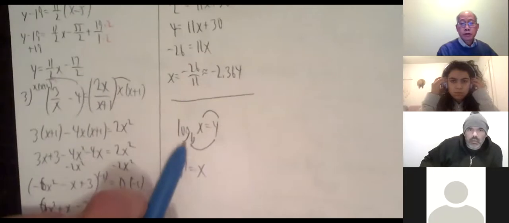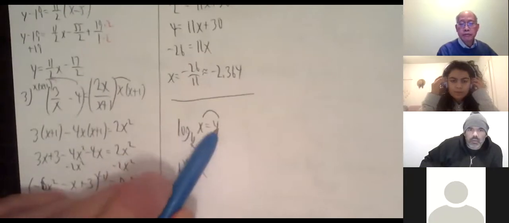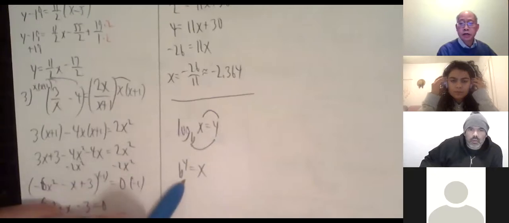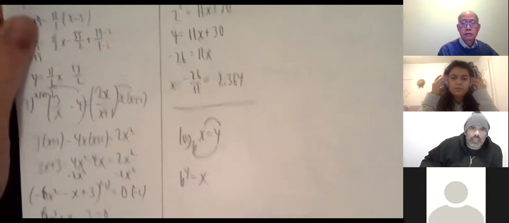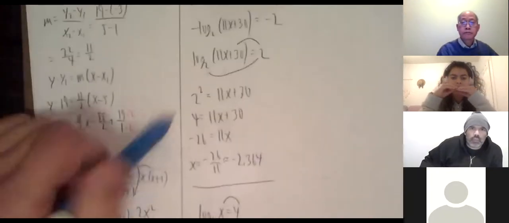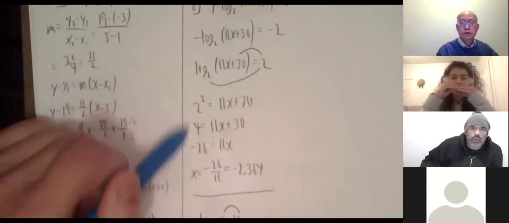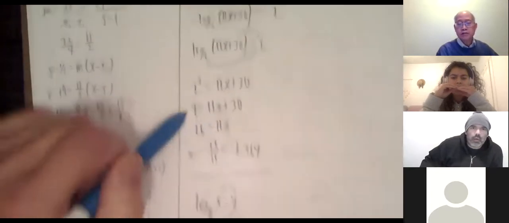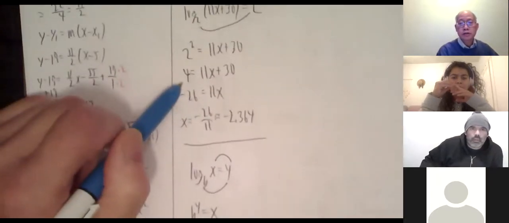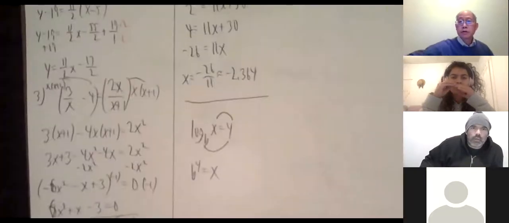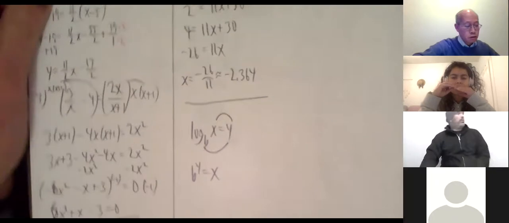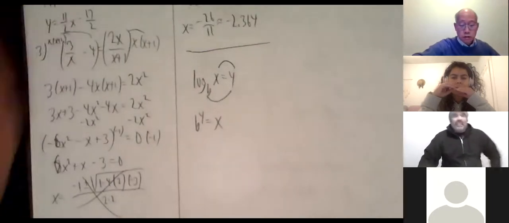So right here, log base b of x equals y means the same thing as b to the y power equals x. Don't change any signs. Okay, so that could easily be 11x plus 30 equals 4. Yes. Once you get to here, it's pretty straightforward. That should be easy. Subtract 30, yes. Divide by 11. Oh, okay. Yes, thank you. All right.